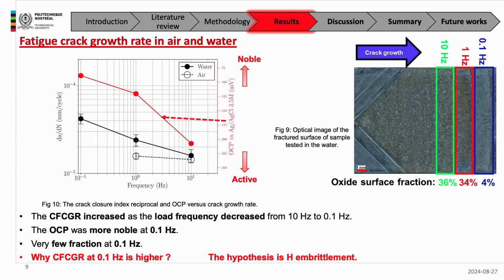So we were asking ourselves what is the reason that we have a higher corrosion fatigue crack growth rate at 0.1 Hertz. We brought up the hypothesis that it could be hydrogen embrittlement, and that's why we are going after measurement and estimation of the hydrogen at the crack tip.